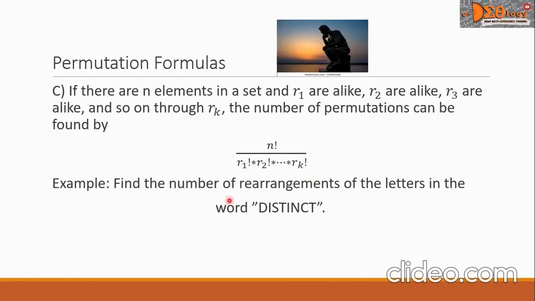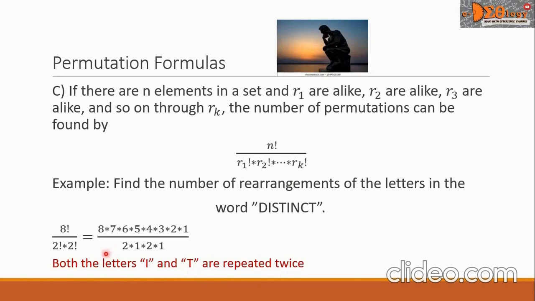Find the number of rearrangements of the letters in the word distinct. So using this formula, we will write here 8 factorial, because the number 8 comes from the number of letters of the word distinct. Now in the denominator, we have 2 factorial times 2 factorial, because both the letters I and T are repeated twice.